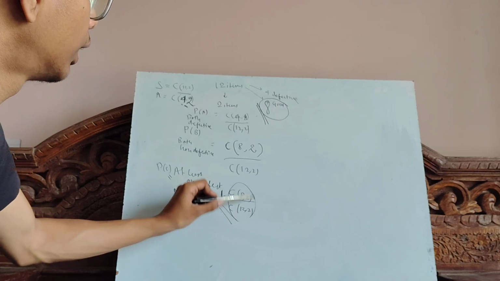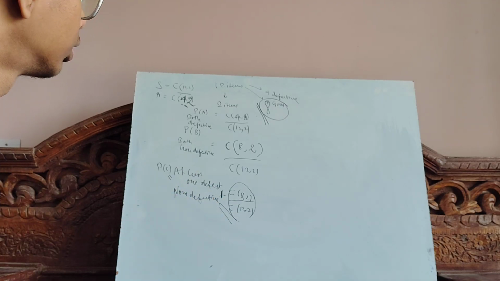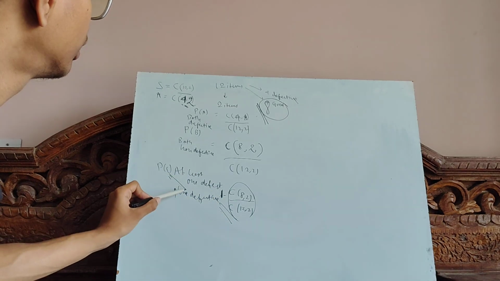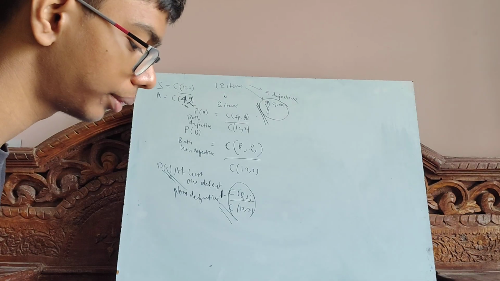इसकी प्रोबेबिलिटी हटा दी जाए 1 में से, then I will get my at least one defective, right?